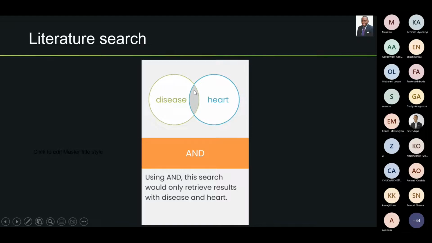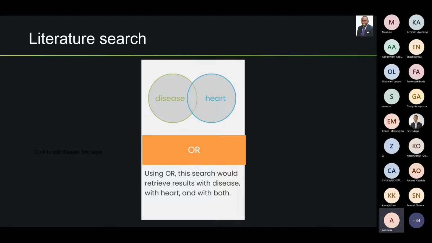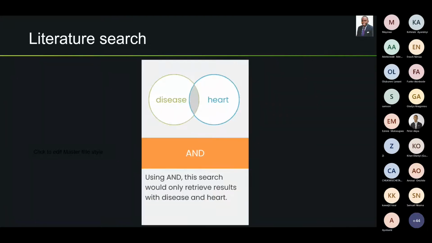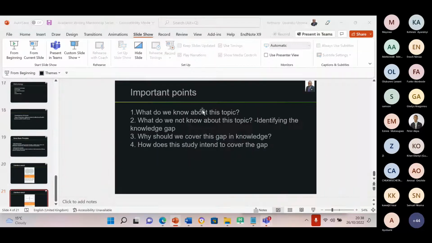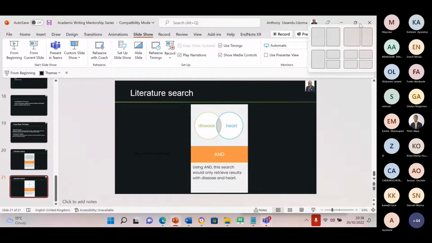So, for example, obesity AND mental health. It means the article must give me obesity and mental health. All the articles must have the two. So AND limits your search, while OR expands your search. So we're going to see a practical example.